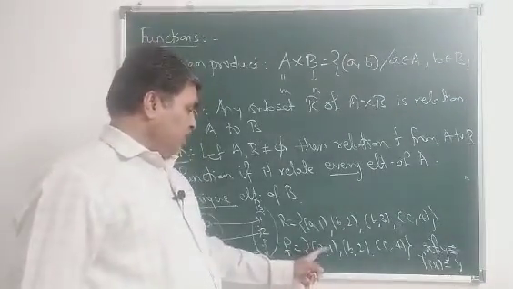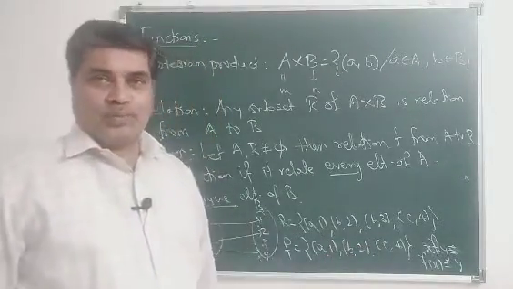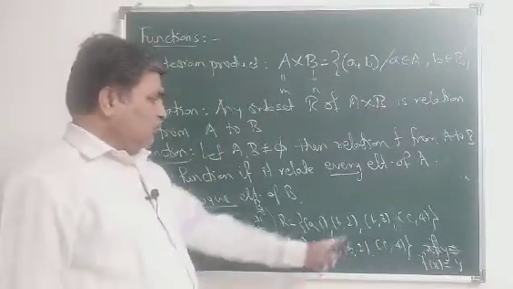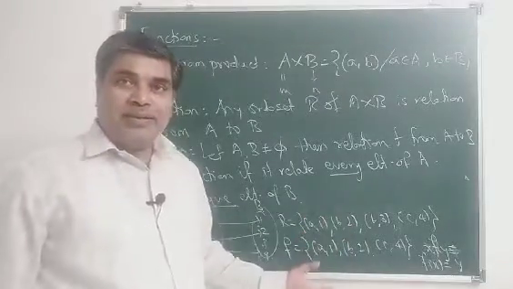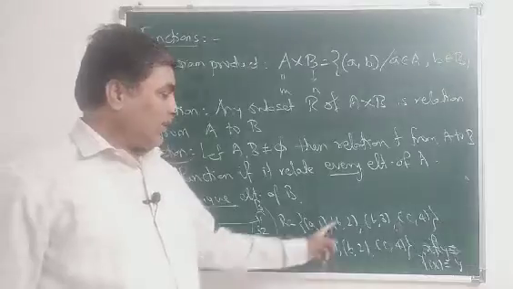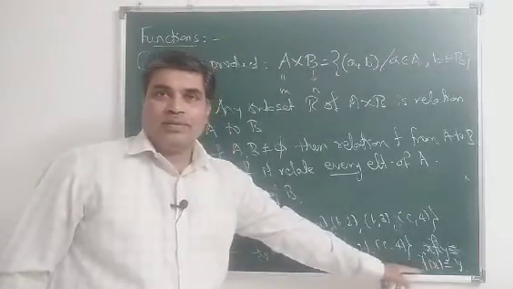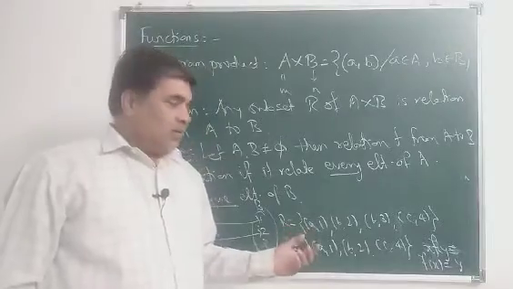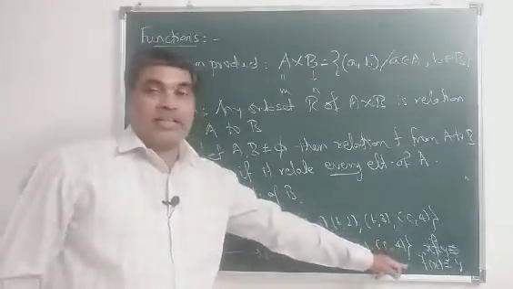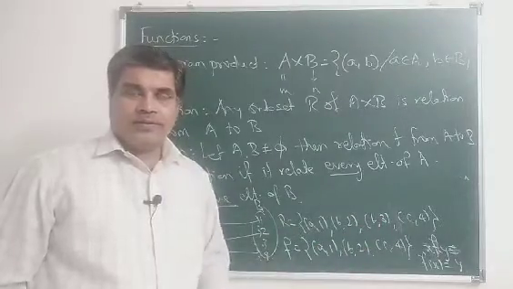So f of A is 1, f of B is 2, f of C is 4. But in the previous example, what is f of B? I cannot write it uniquely. That's why I cannot write this in this form. So I can write a function by expression now. Is it clear?